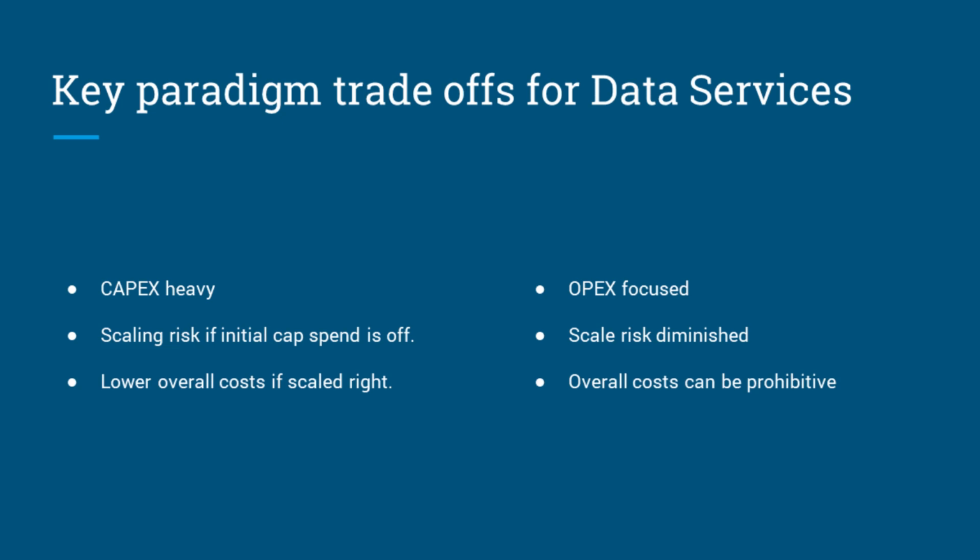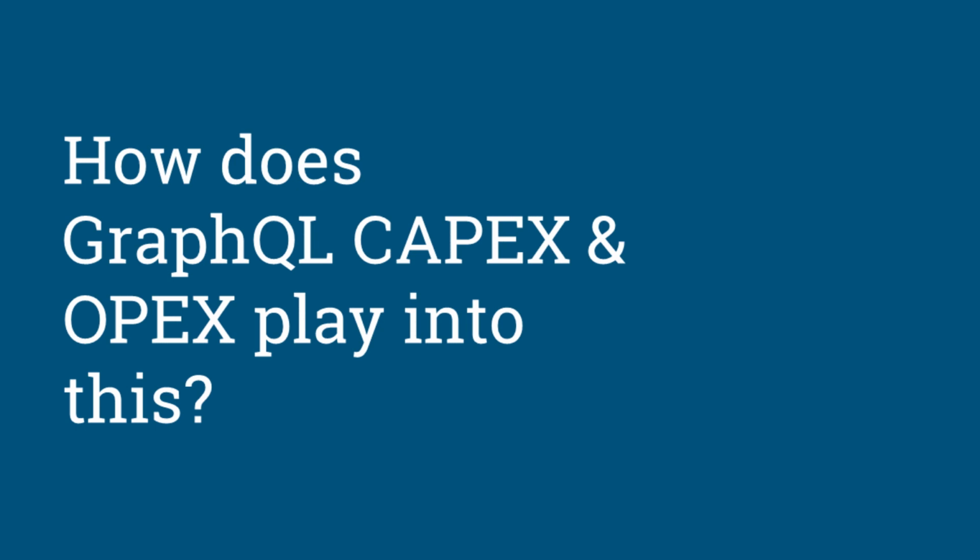And everything that I've talked about up to this point is almost balanced, where it's either one or the other. There's usually not a lot of, oh, I can kind of mix and match my operational and capital expenses with this or that data service. The data service that you get usually is one or the other, or at least leaning heavily toward one or the other. So how does GraphQL fit into this?